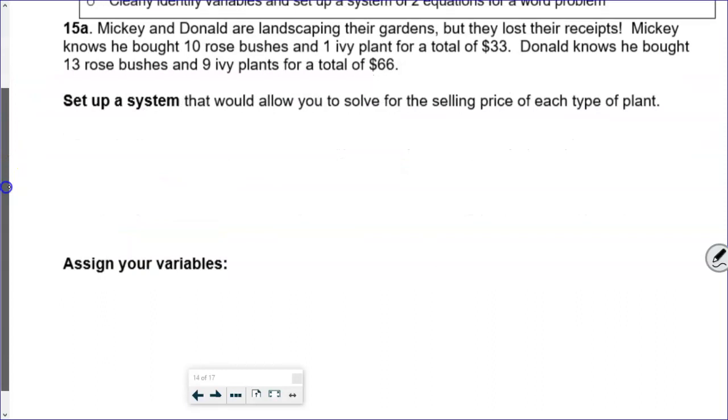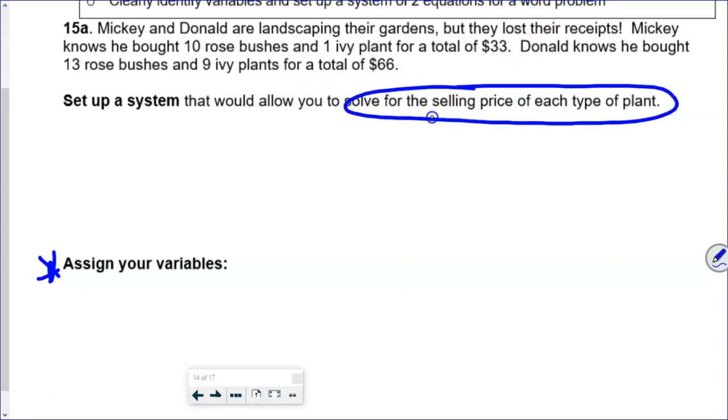All right, so here, remember, you don't have to solve them. You just set up your variables and set up your system. So you really should assign your variables first. And then right here, the question is what your variables are. It's the selling price of each type of plant. You can use whatever variables you want, but if you're old school, you're just using x and y. The two types of plants are rose bushes and ivy plants.